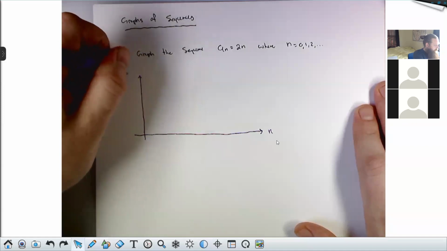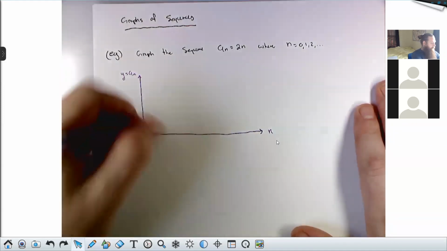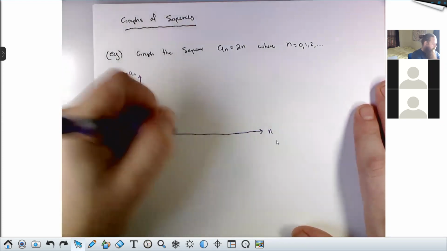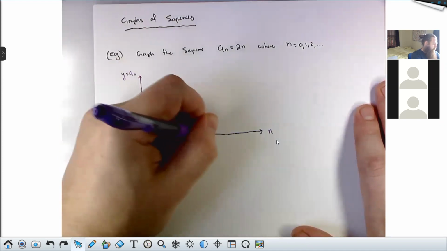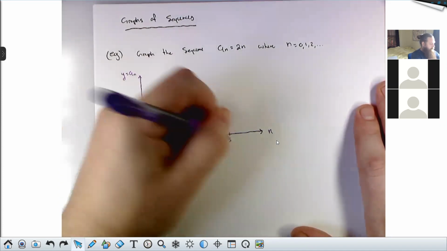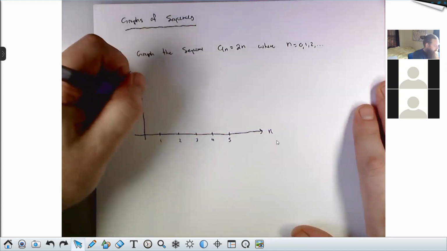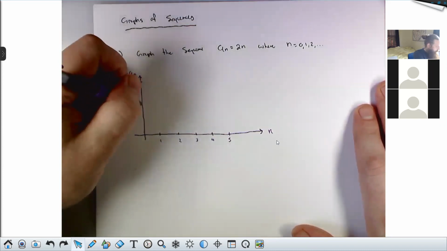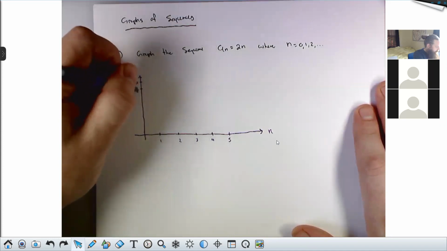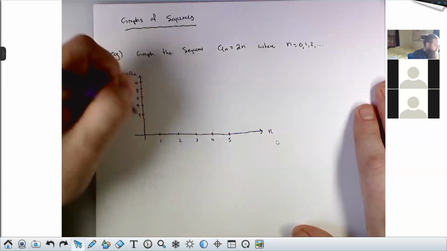So this would be y equals a_n. There's 0, there's 1, there's 2, there's 3, there's 4, there's 5, and so on. I'll call this up here 10. 8, 6, 4, 2, something like that.